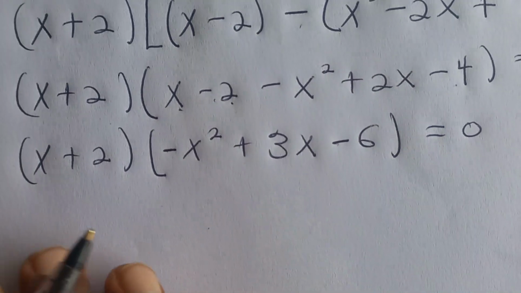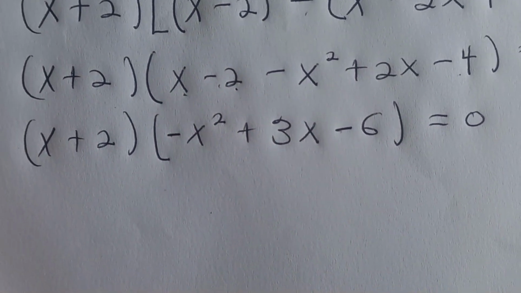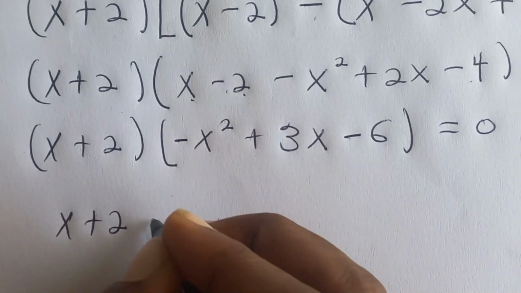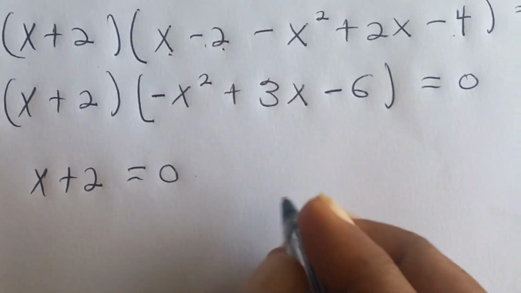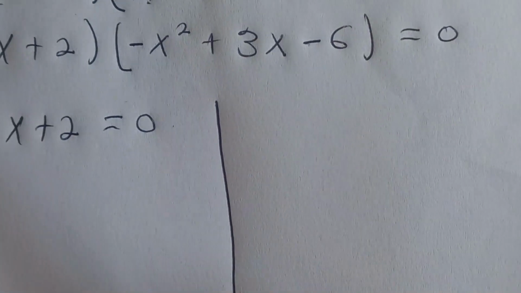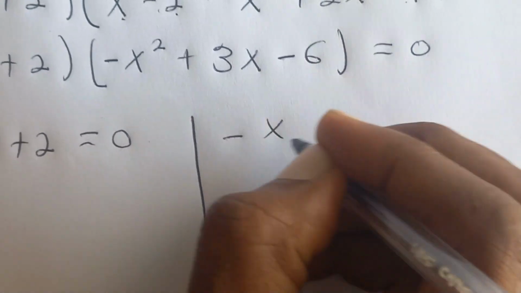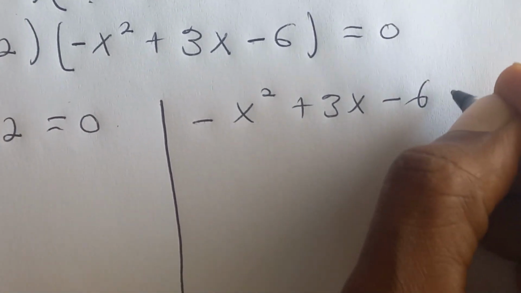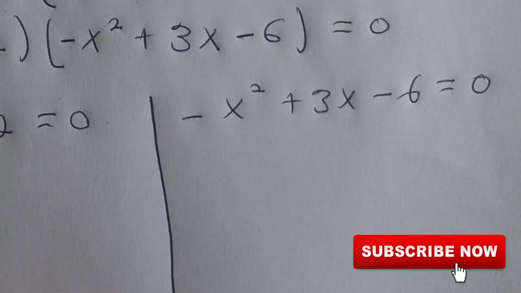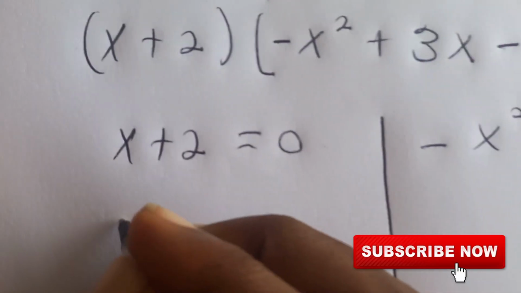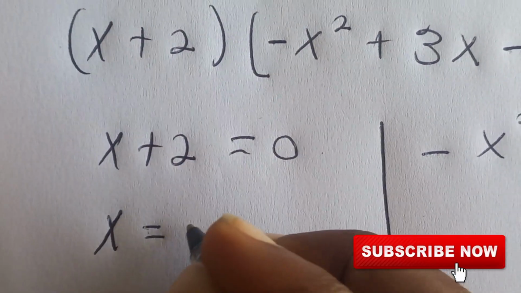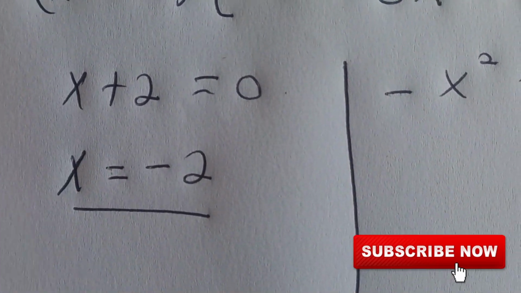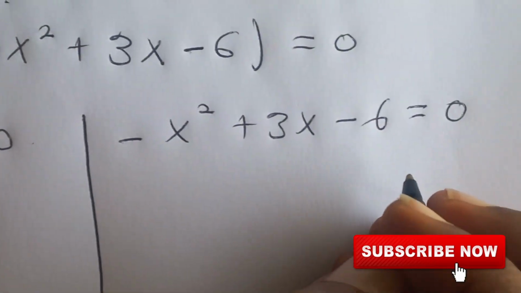So now we have two equations here. We have x plus 2 is equal to 0, and then minus x squared plus 3x minus 6 is also equal to 0. So let's take this one from here and say that x is equal to negative 2. Let's solve case 2.